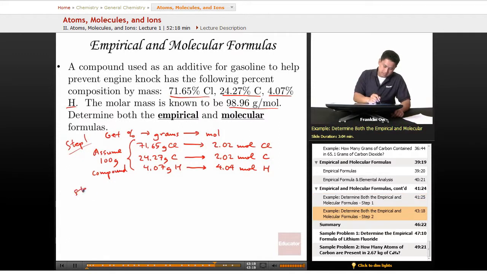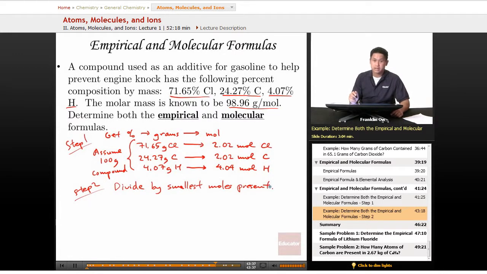Now step 2. We're going to take our moles and divide everything by the smallest moles present. We're going to get a nice whole number that is going to become our subscripts in our empirical formula.